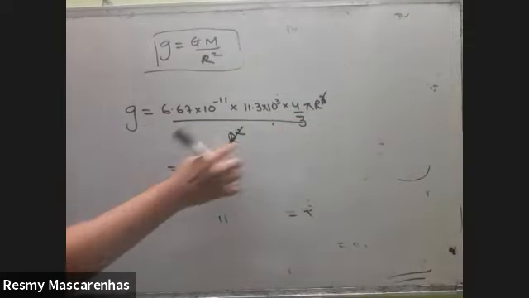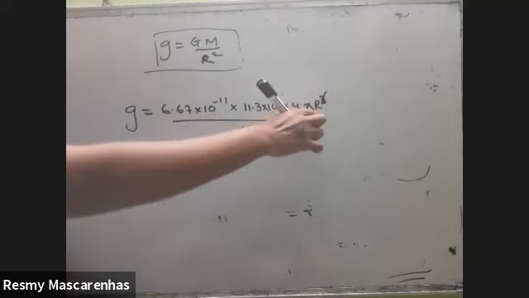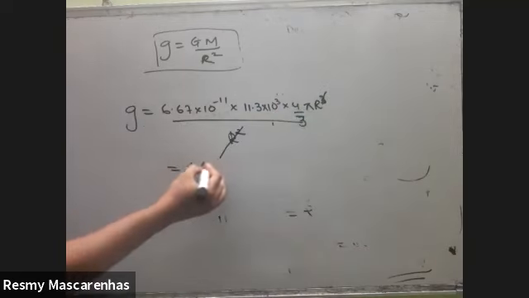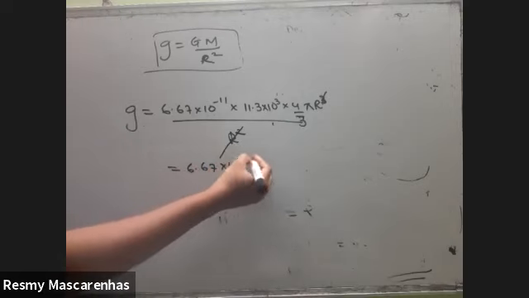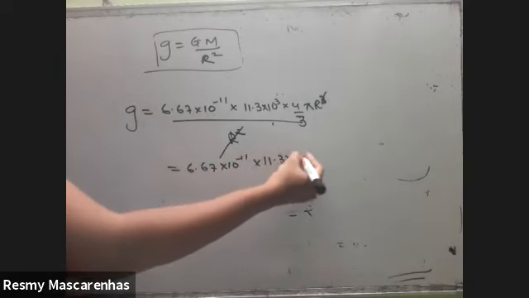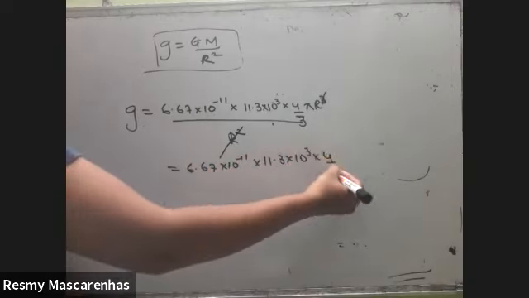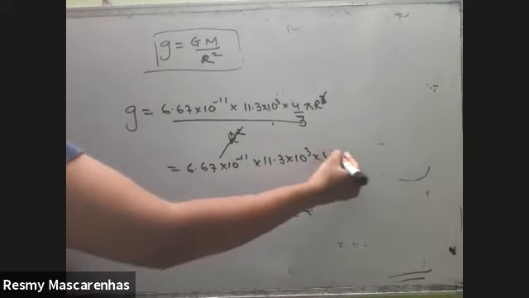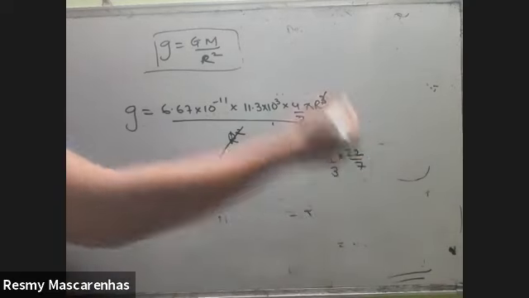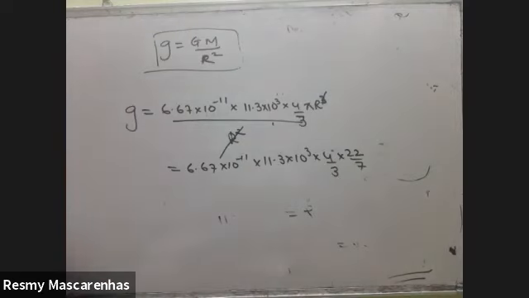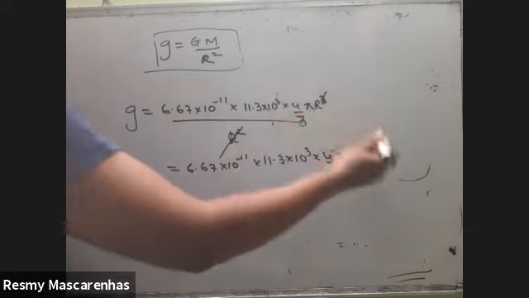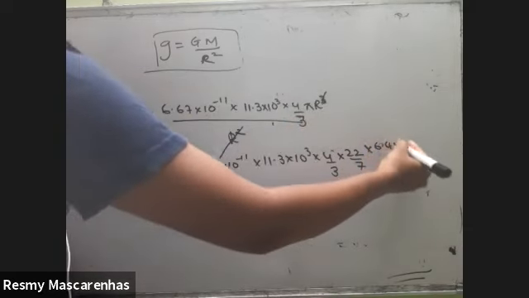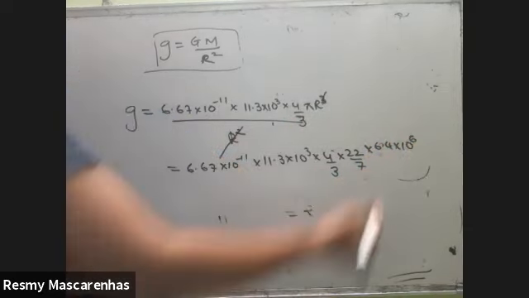You can substitute first also and then cancel r, no problem. So 22 by 7 we can take as the pi value. And r is given as 6.4 into 10 raised to 6.